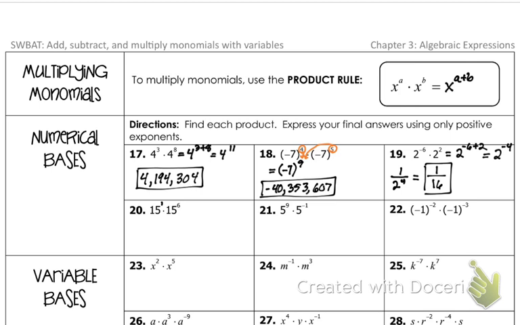So don't look at that as being 15 times 15 to the 6th. Look at it as being 15 to the 1st times 15 to the 6th. That means, what's 1 plus 6? 7. So we're going to have 15 to the 7th. And real quick, just to push through, because I want to get to all this stuff, we're going to have 170,859,375.